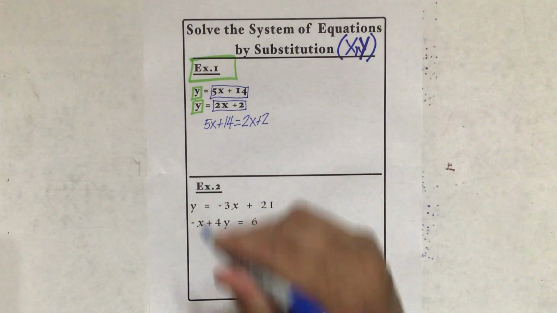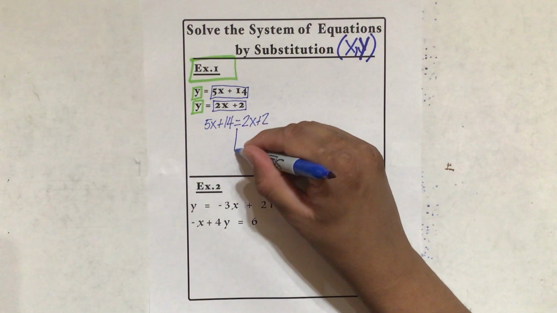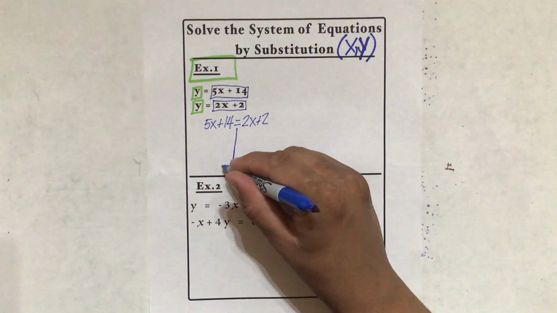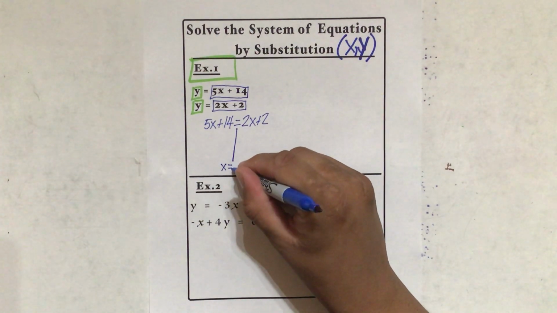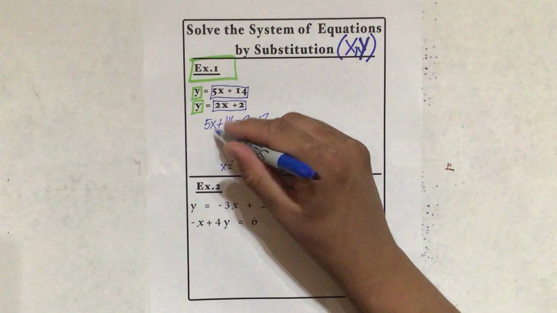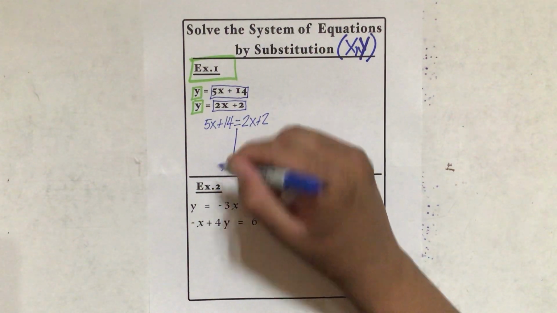Now that looks like a simple equation that we can solve, right? We bring down our line of separation. I'm going to write down x here because my goal is to solve for x. So I want all the x's on this side.